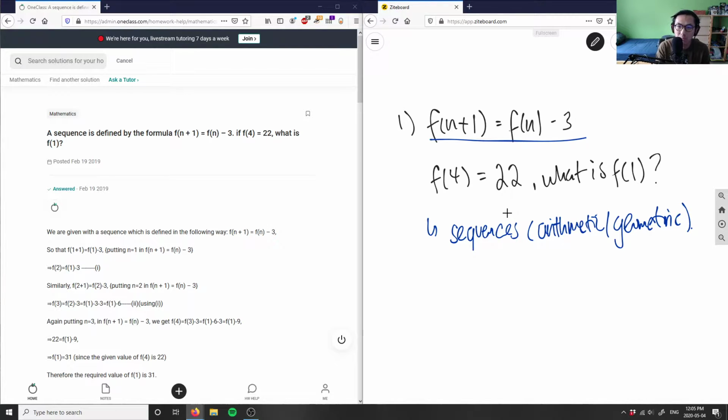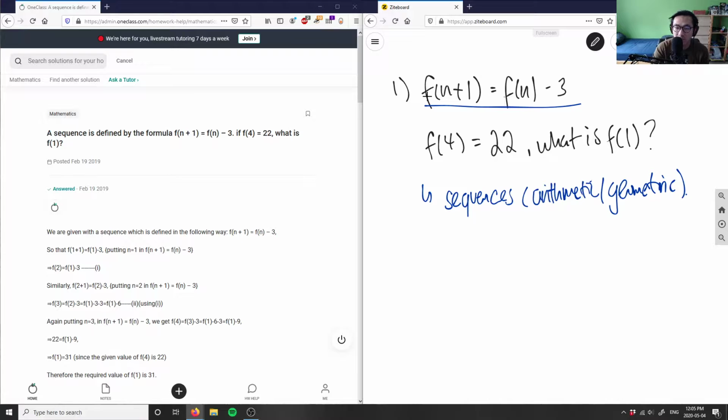So let's think about this problem. Let's break it down into a couple of parts. We have f of 4 equals 22, and we can sub f of 4 in for f of n plus 1, right? f of 4 is simply f of 3 plus 1, so n equals 3 in this case.